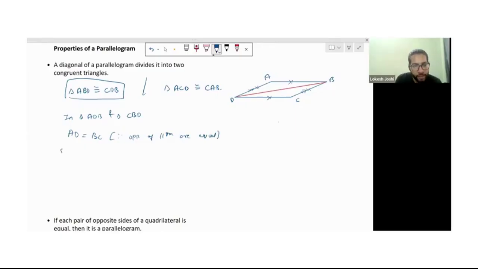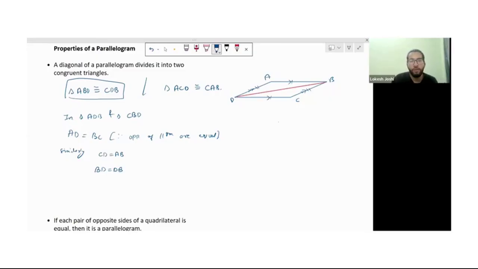In a similar way, we can say CD is equal to AB, because opposite sides of a parallelogram are equal. Now, if you look carefully in these two triangles, the diagonal BD is common. So we can directly write, without any condition, that BD is equal to DB.